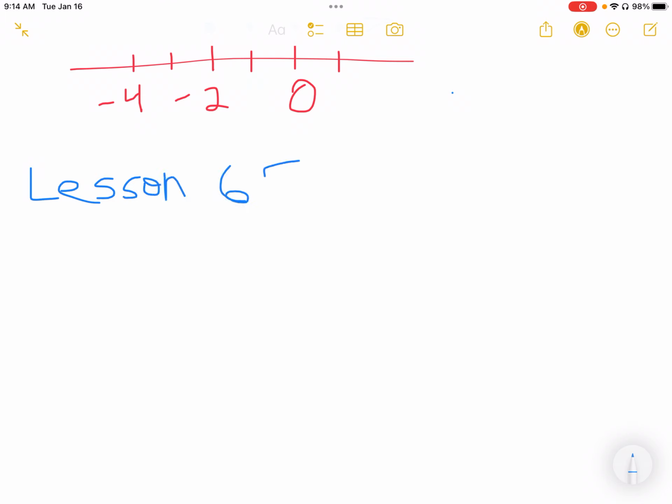So in lesson 65, we're going to talk about adding radicals. What are radicals? Radicals are just like these square root looking things, with higher powers.